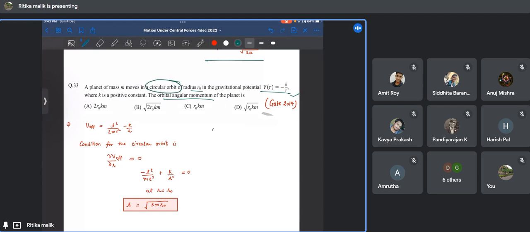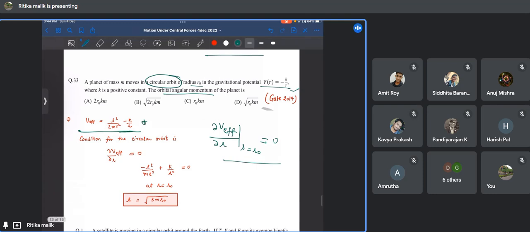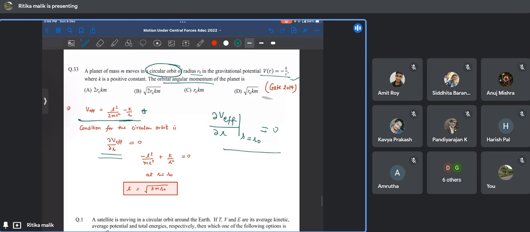The condition for a circular orbit is del V effective by del r at r equals r naught should be 0. So we write V effective, which is L squared by 2mr squared plus V(r), where V(r) is minus k by r. We put their value equal to 0, and we calculate the angular momentum L, which is square root of k m.